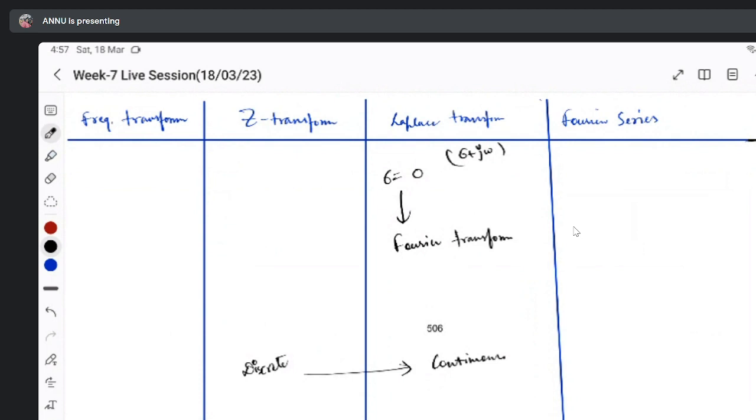If we are thinking of relating them, then the unit circle in the Z transform and the imaginary axis in the Laplace transform correspond to the Fourier frequency. The j omega axis should lie in the region of convergence in terms of Laplace transform for those signals only, or we can say that the impulse response is absolutely integrable. Only those functions can have this Fourier transform.